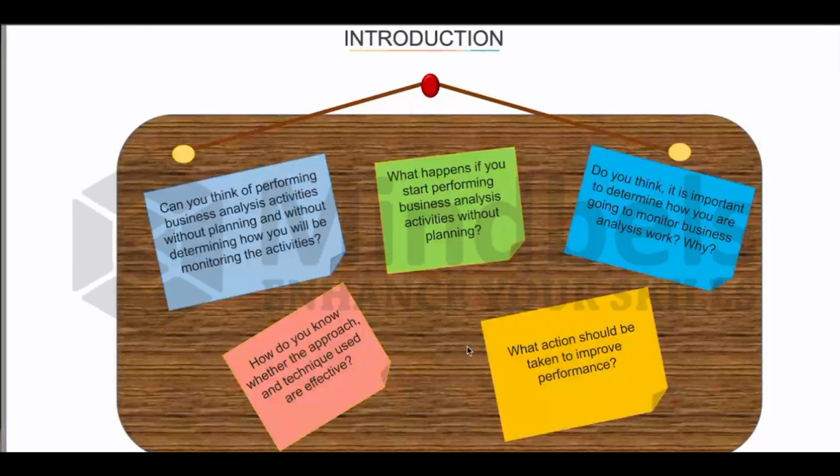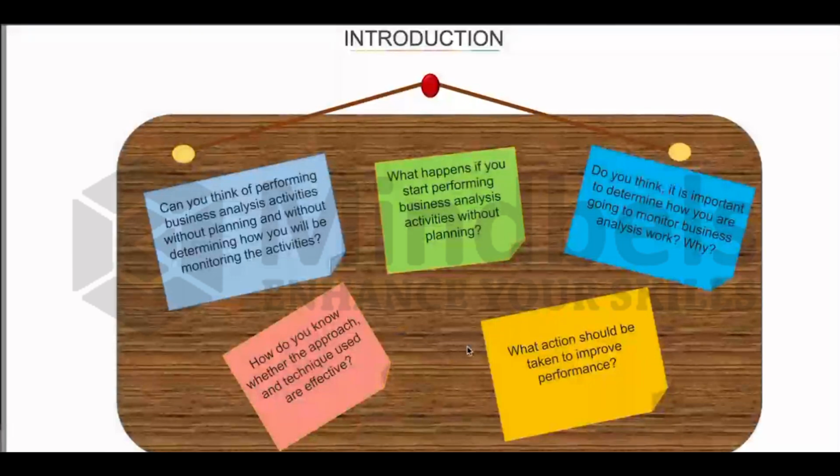For example, event management again. They plan everything first. I need a stage, I need chairs, I need an arch, I need to decorate them. What are the requirements of decoration? Does it require flowers, balloons, threads?